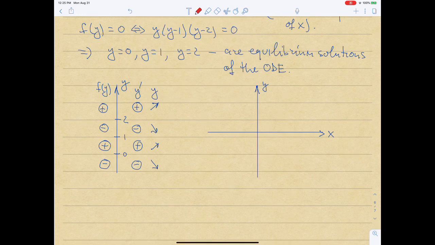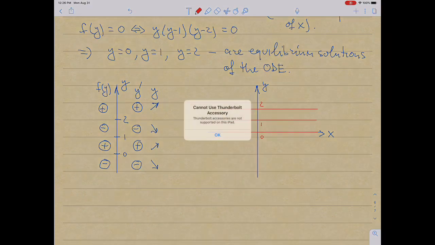Three equilibrium solutions: y equal to 0, y equal to 1, and y equal to 2. So let's label those 0, 1, and 2.